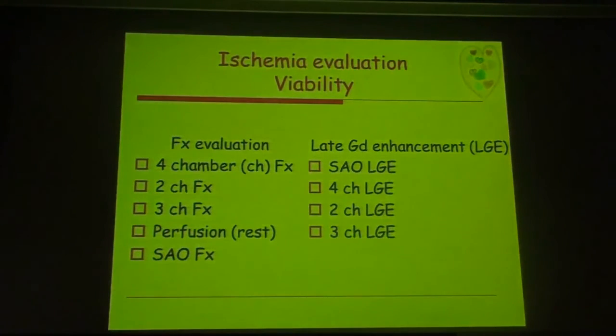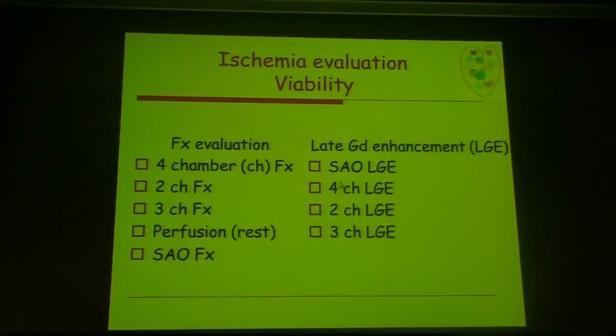When we want to assess viability, and this is not in an acute setting, the only thing that we will change is that we're not going to acquire the T2 sequences because we're not looking for edema. We just want to evaluate how much of the muscle is viable and how well this chamber functions.